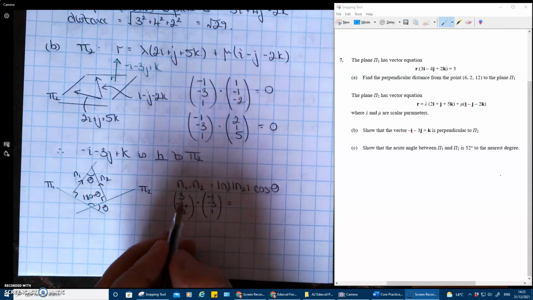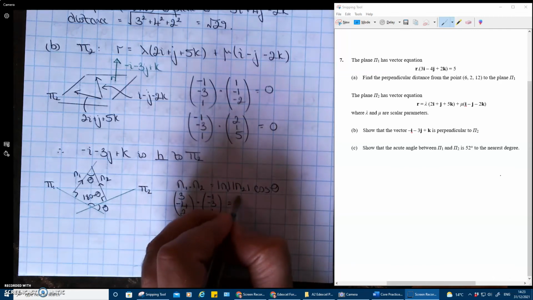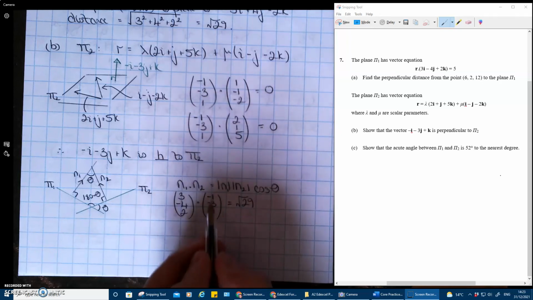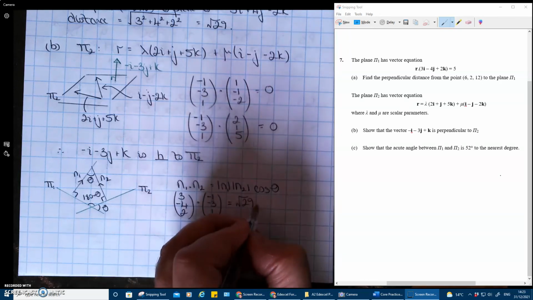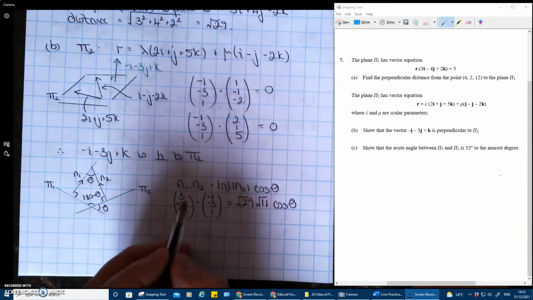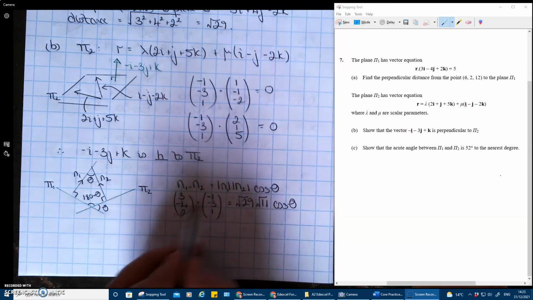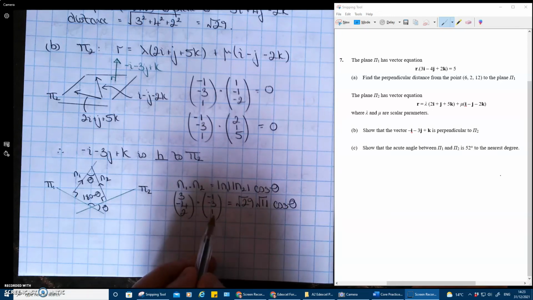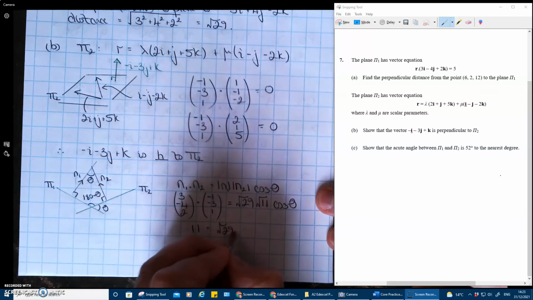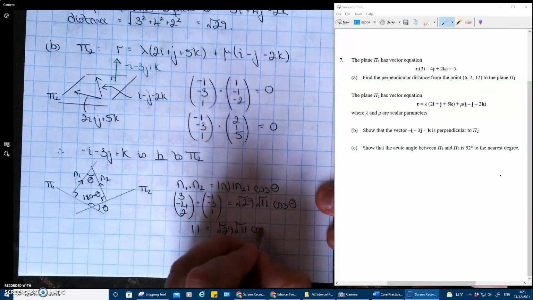The magnitude of that first one is 3 squared, 4 squared, 2 squared, square rooted, so we know that's root 29. Magnitude of this one, 1 squared, 3 squared, and 1 squared is root 11, cos theta. So the left hand side, I do that times that, that times that, that times that. Minus 3 plus 12 plus 2 is 11. So 11 equals root 29, root 11 cos theta.